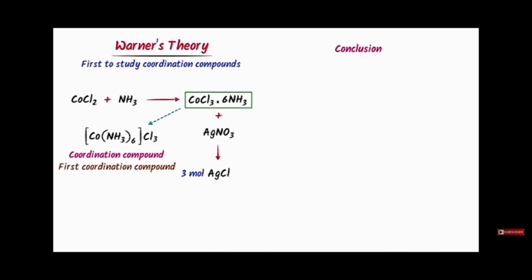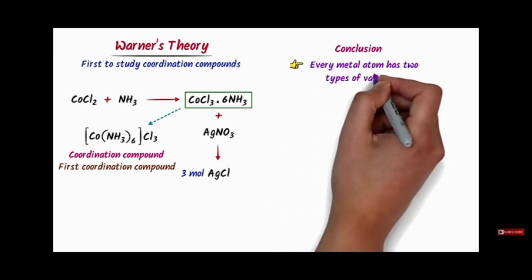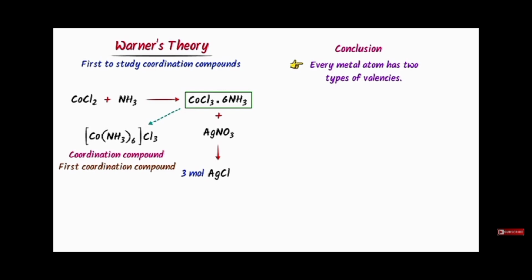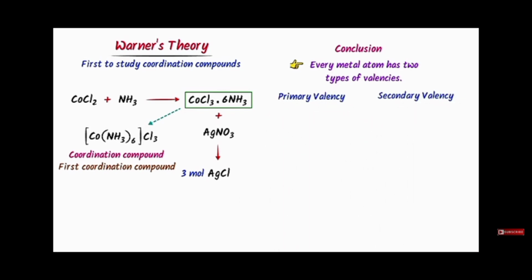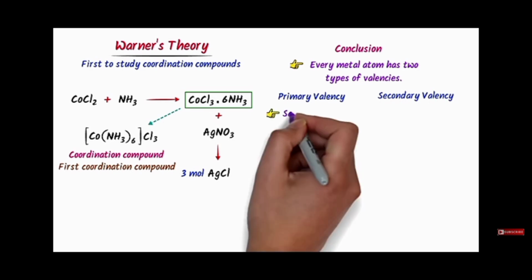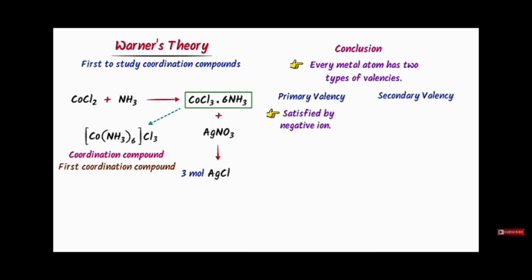Now what is the conclusion of Werner's theory? Well, Werner states that every metal atom of coordination compounds has 2 types of valencies, primary valency and secondary valency. Primary valency is satisfied by negative ions. For example, here in this coordination compound, chlorine is a negative ion.